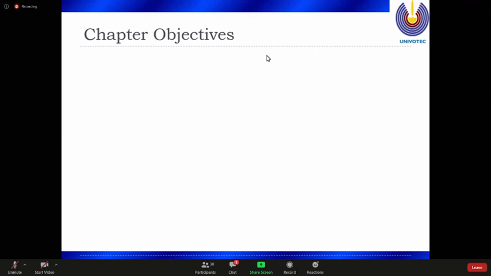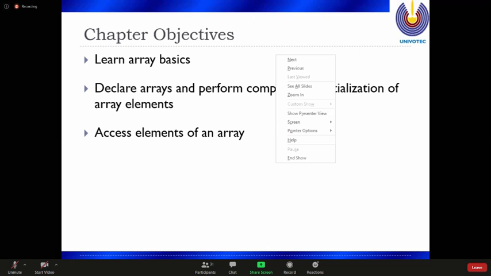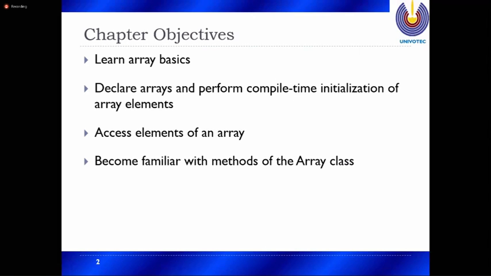Today we start with arrays: learn array basics, declare an array, and perform compile-time initialization of array elements, and access elements of an array. Become familiar with the methods of the Array class.